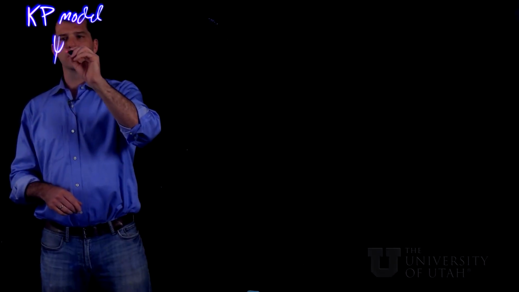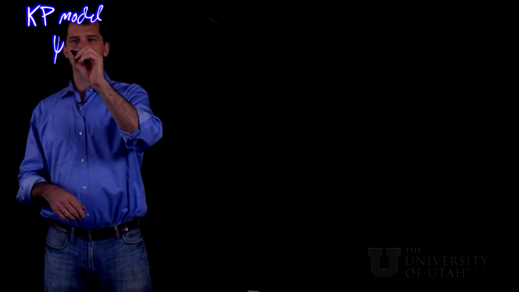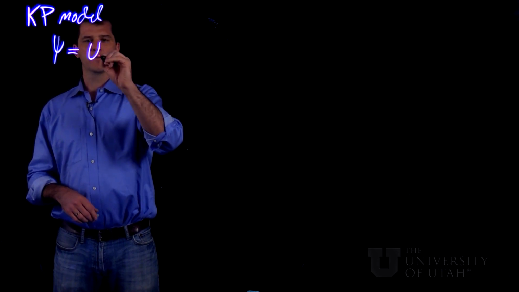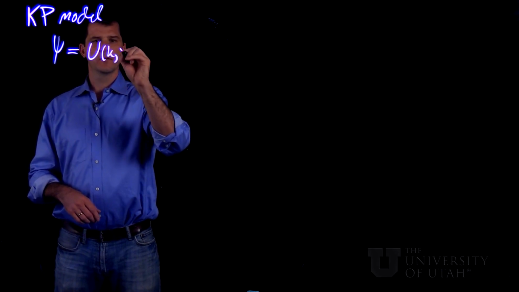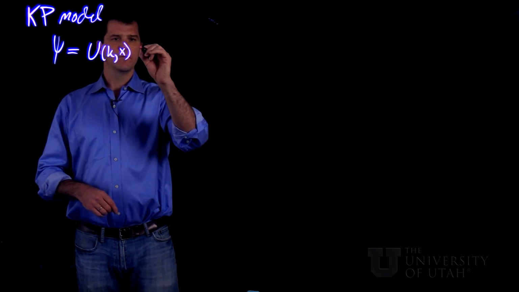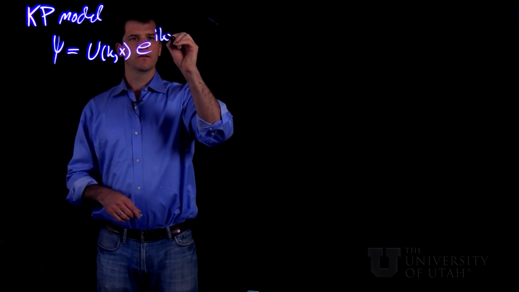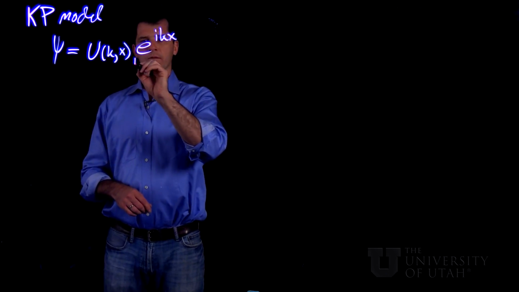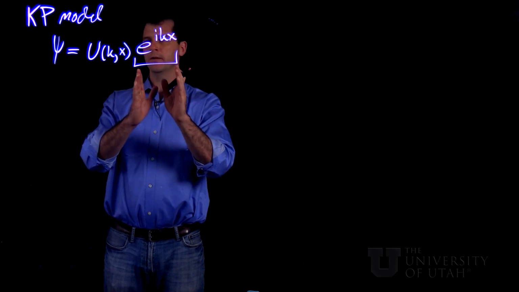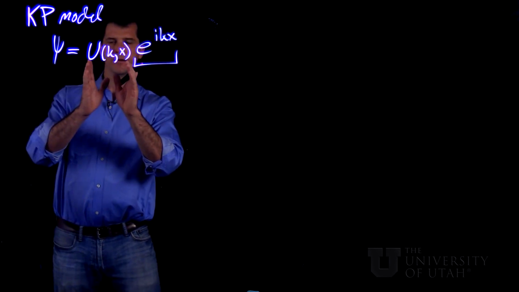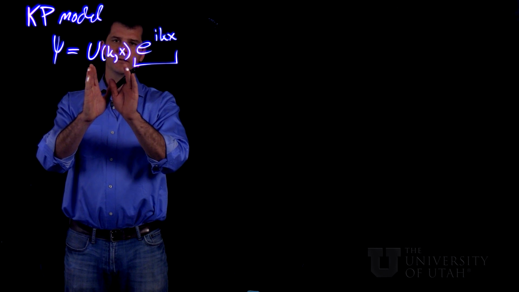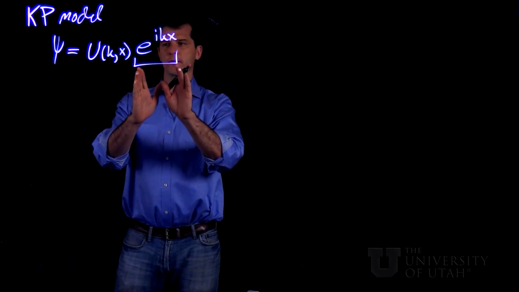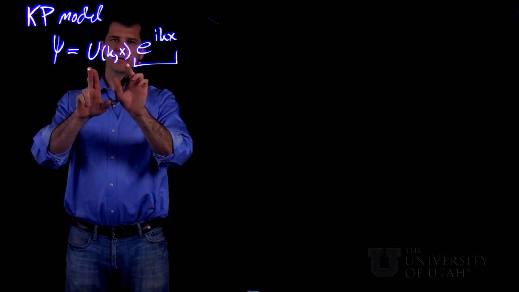So for the Kronig-Penney model, we guess that the wave function in total can be expressed as a u of k and x times e to the i kx. So this part here is our harmonic wave, and then this part here is a little modulation on top of it. Let's consider it sort of like a carrier wave and a little modulation.